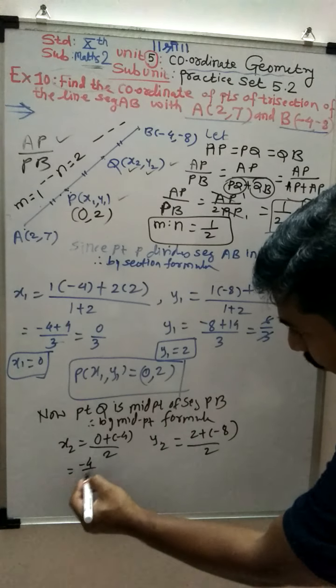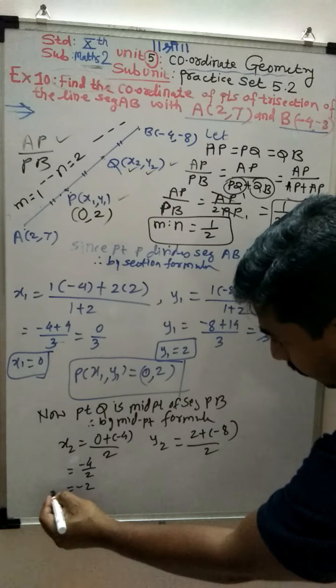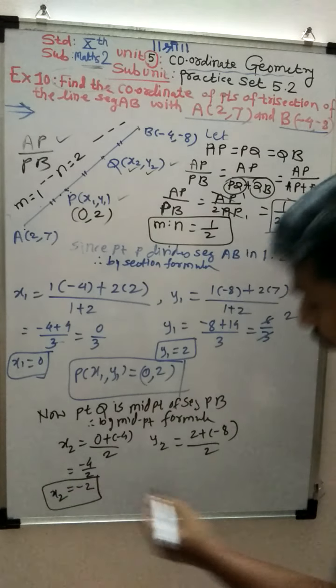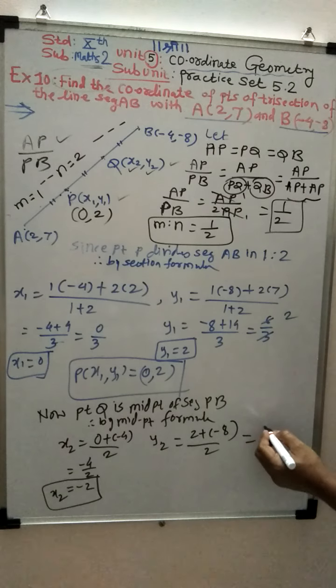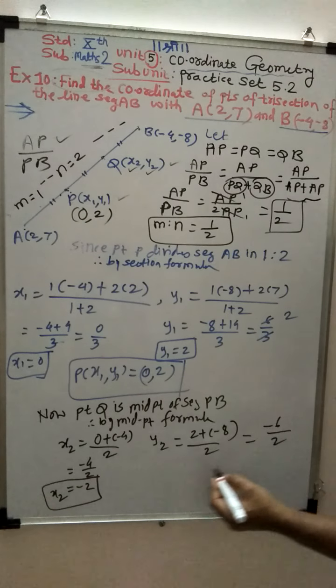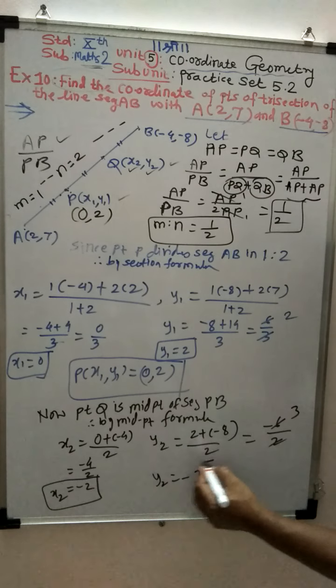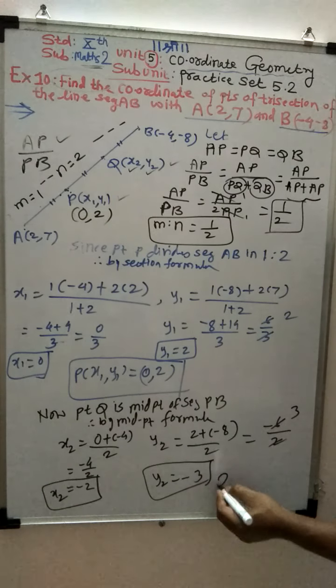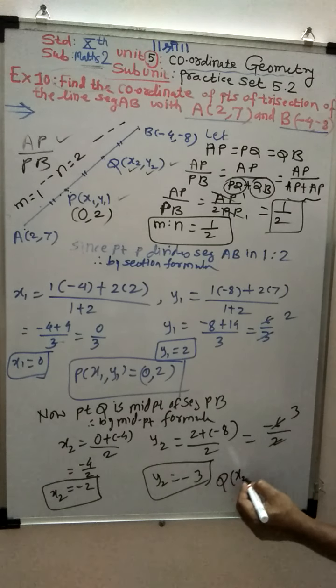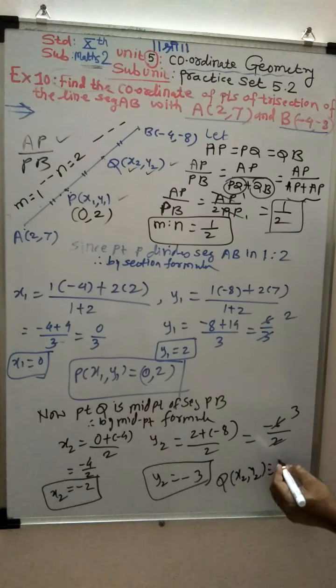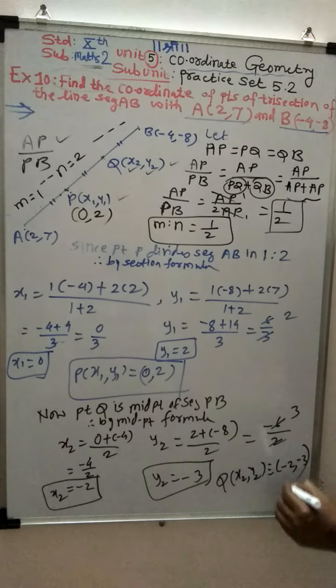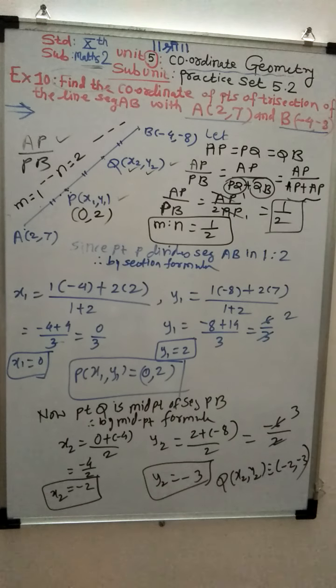On solving, -4 by 2, we get x2 is equal to -2, and here -6 upon 2, so y2 is equal to -3. So the coordinates of point Q, (x2, y2), give (-2, -3). These are the points P and Q respectively.